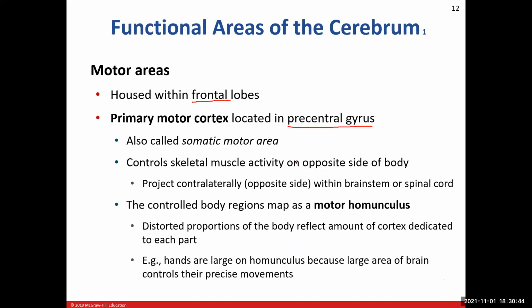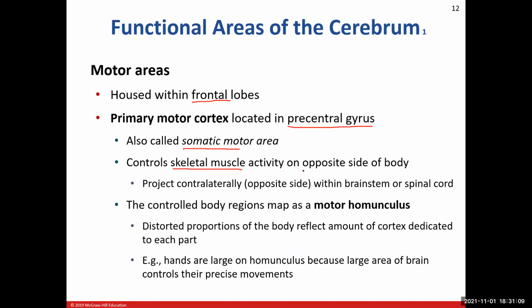So when you want to initiate some sort of movement that requires the use of skeletal muscle, it all starts there in the primary motor cortex, also known as our somatic motor area. It controls the only muscle tissue that you can voluntarily control, and that's the skeletal muscle tissue.